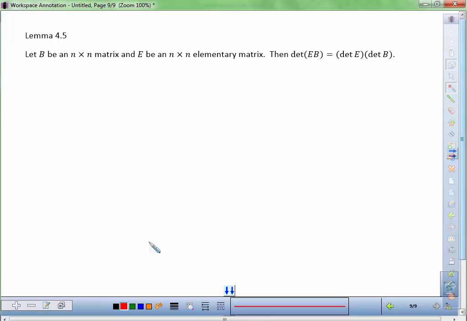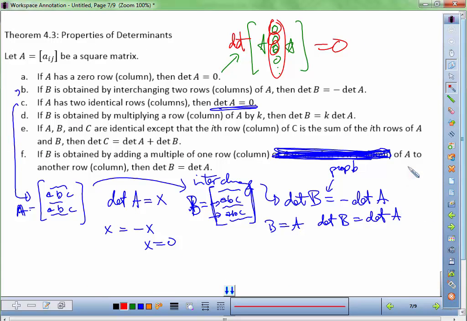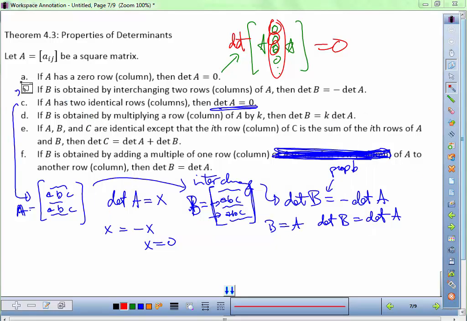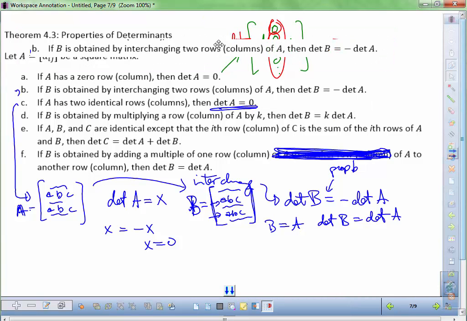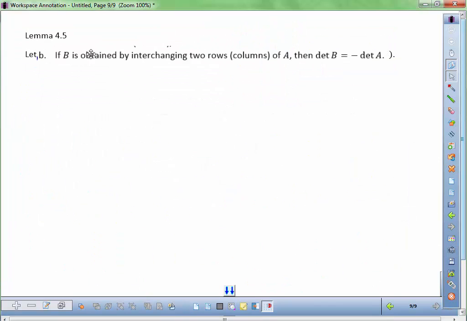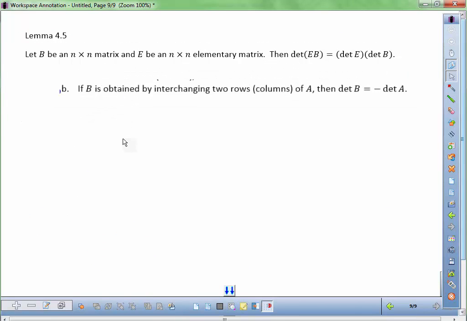And here we have a theorem and a lemma, and never mind, it's just some weird stuff. Anyways, back to that thing where you say that if you interchange two rows, you get the negative of the determinant. Remember that? Where is it? The B that I attempted to prove and failed miserably. So I want to take this statement and say that it really just follows directly from this.